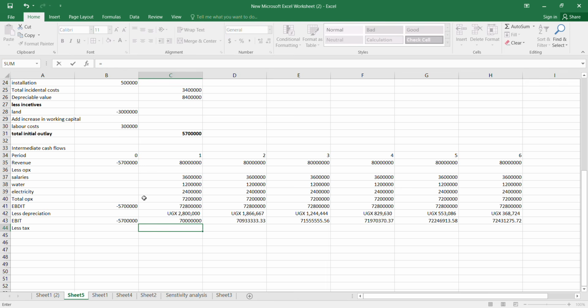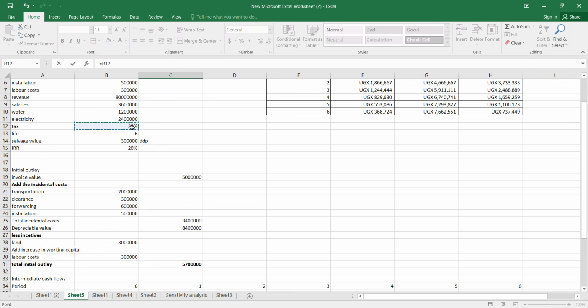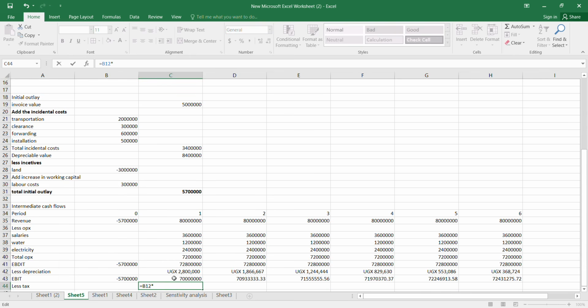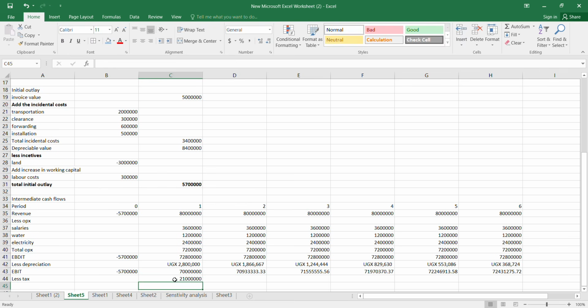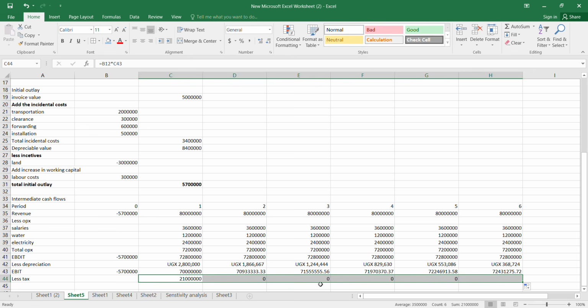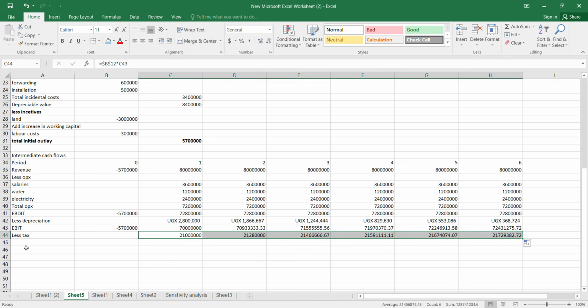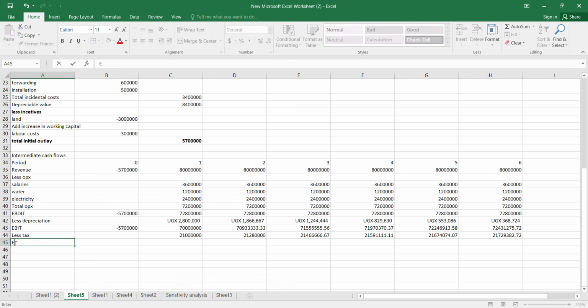So they told us that it is in the 30% tax bracket. So it will be 30% times the value here. Sorry, we shall fix the B12. And then we say earnings after tax.